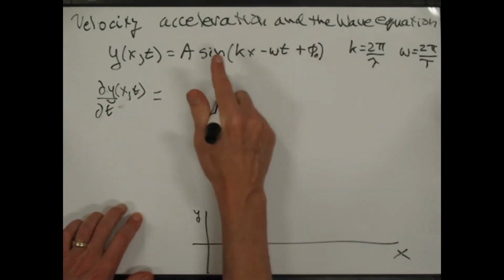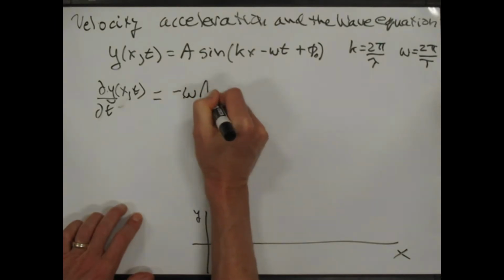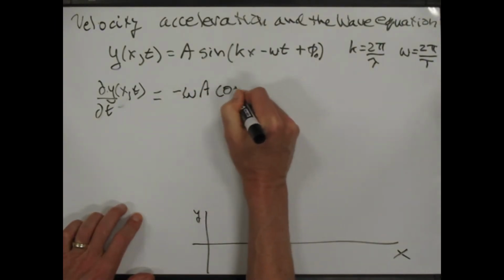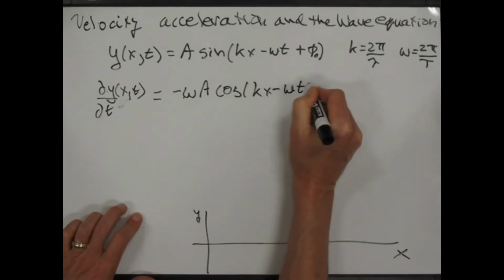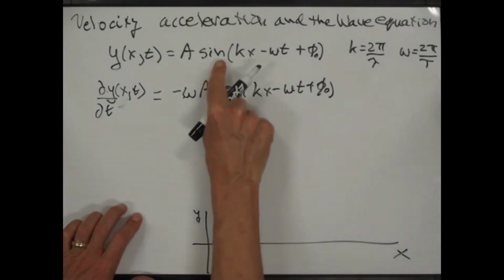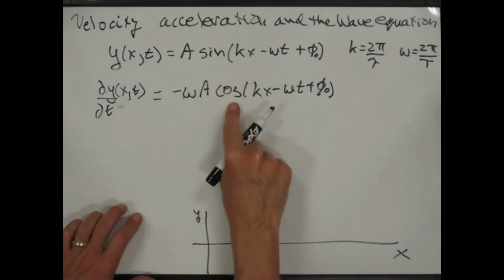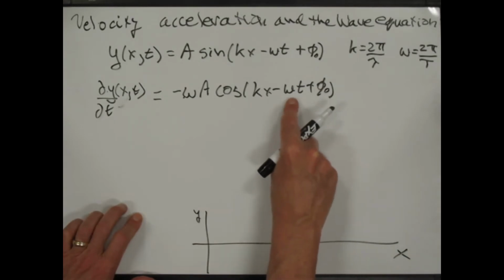And so the derivative of sine is cosine, and this becomes minus omega a cosine of kx minus omega t plus phi naught. It's a cosine because I have to take the derivative of sine, which is cosine, and then multiply by the derivative of what's inside.